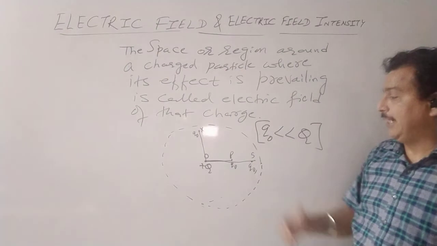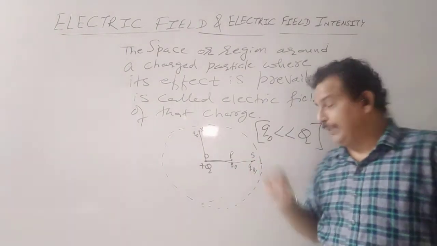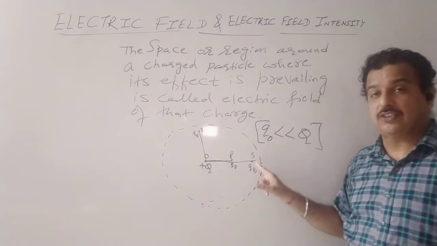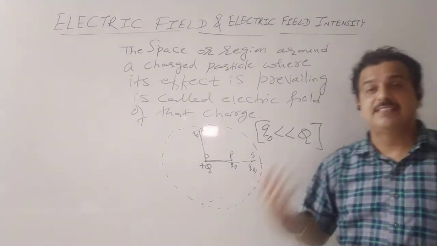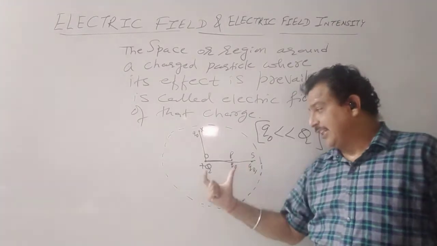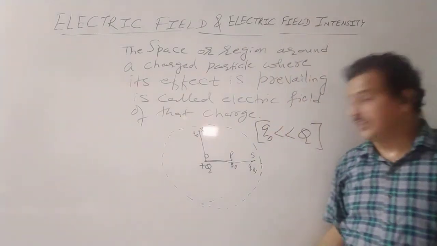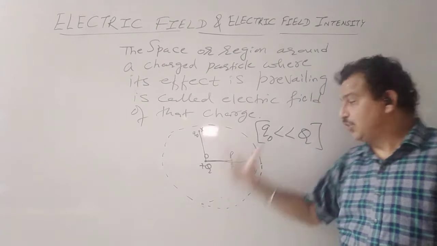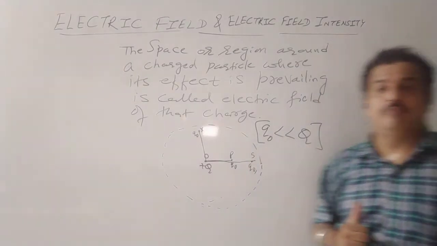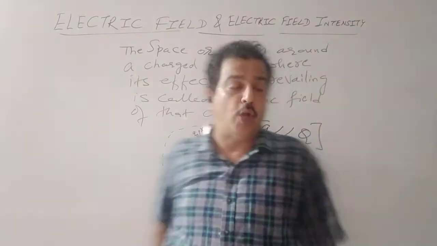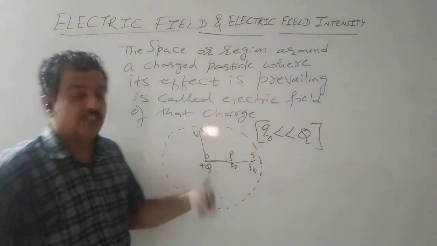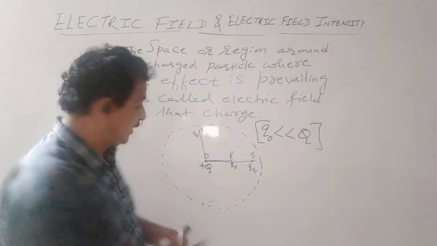So instead of saying at P the force of interaction is more as compared to force of interaction at S, I will say the electric field intensity of plus q charge at P is more than the electric field intensity at point S. So electric field intensity means the strength, और strength किसकी?